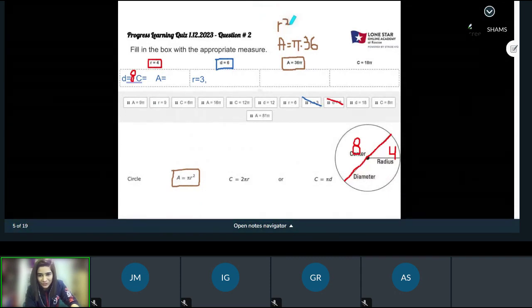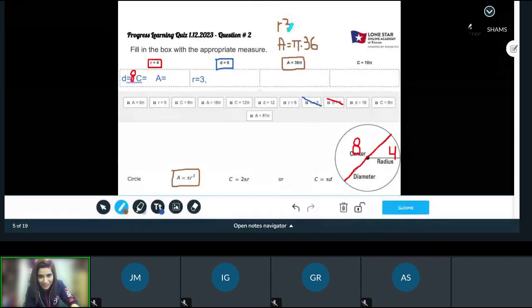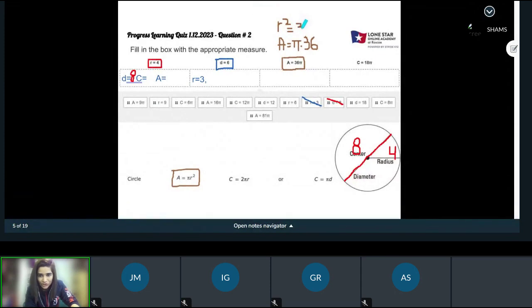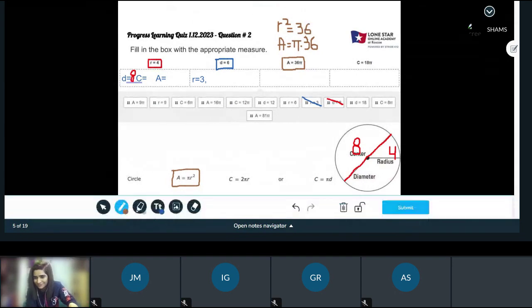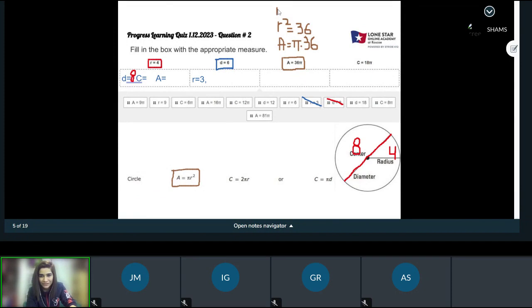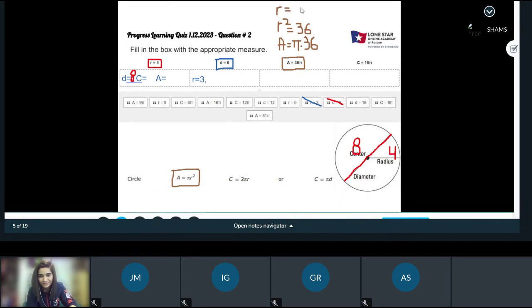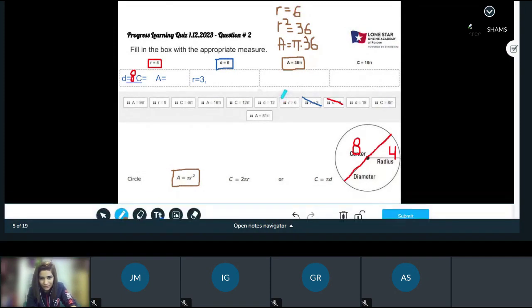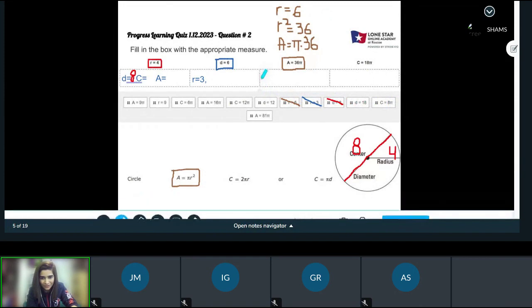If you know that r squared is 36, because that area is 36 pi, can you think of how much r should be? It should be 6, because 6 times 6 is 36. So I can definitely say that r in this problem should be 6. And we can also exhaust r equals 6.